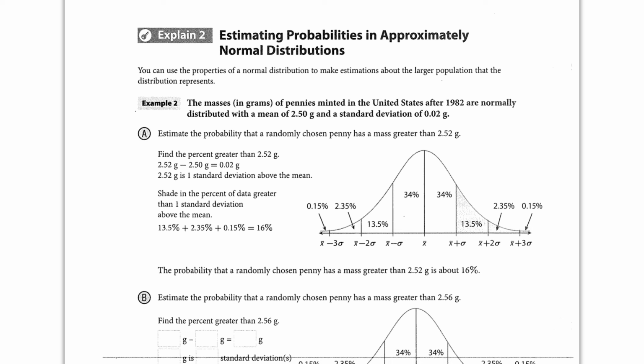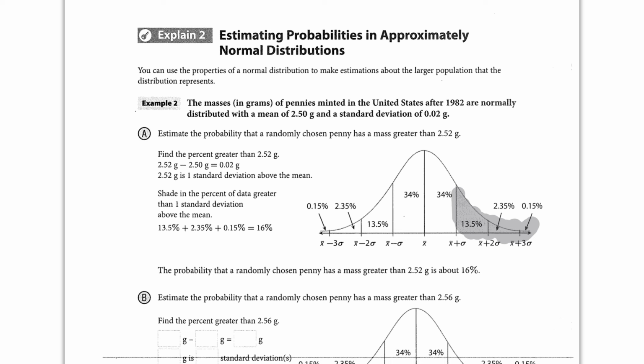So they start by subtracting to find the difference from the mean. And we know that 2.52 grams is one standard deviation above the mean. And then it says shade in the percent of data greater than one standard deviation above the mean. So we're going to shade in more than one standard deviation above the mean.